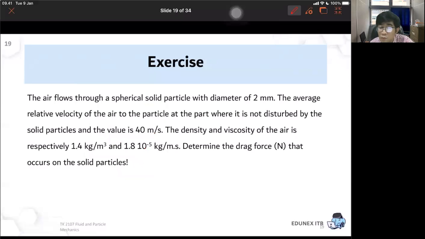Okay, now you can try to follow the calculation of the drag coefficient using this exercise.